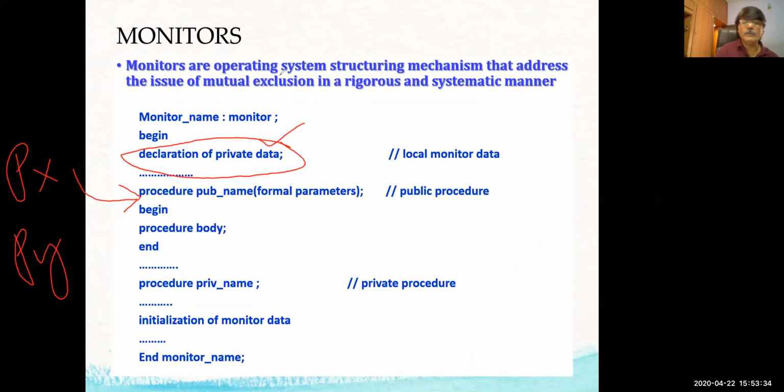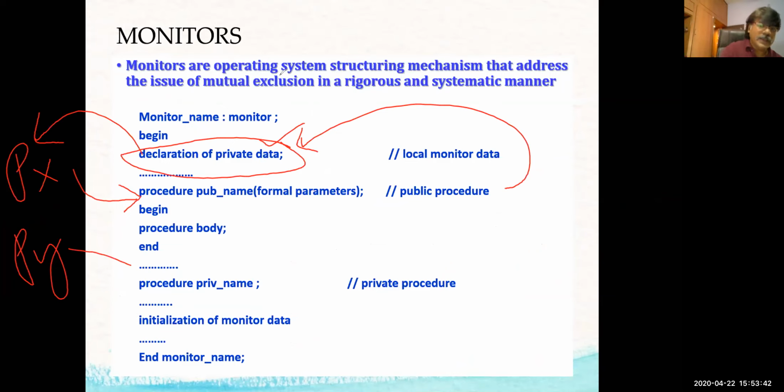They have to invoke the public procedure. This public procedure will perform the operations on the data, and the results will be given to the process X. Process Y is trying to access the private procedure, it will not be allowed. If process X wants to access this private procedure or private function, it will not be allowed. If process X wants to use the data directly, it will not be allowed. That is the meaning of the monitor.